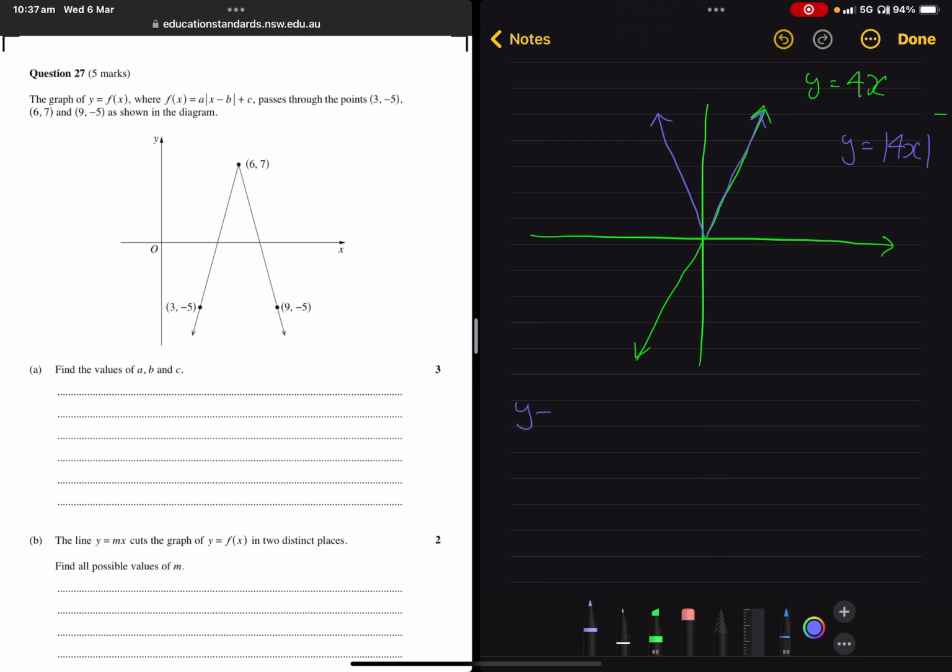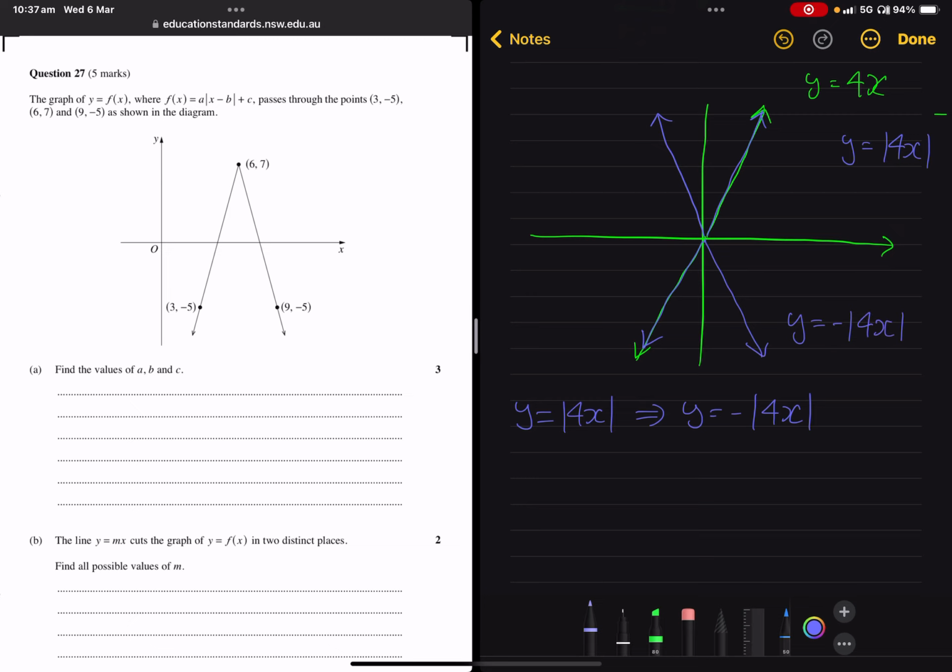So what we'll do is flip it downwards. So y equals absolute value of 4x will become y equals the negative absolute value of 4x. What this did was turn it downwards. So now we're dealing with this function down here, y equals the negative absolute value of 4x.